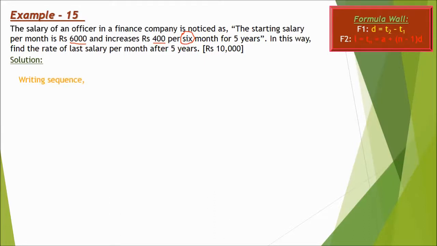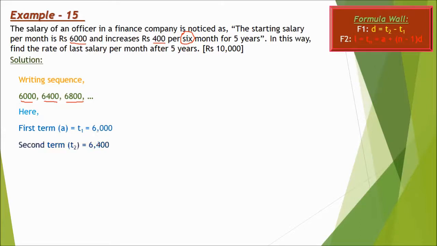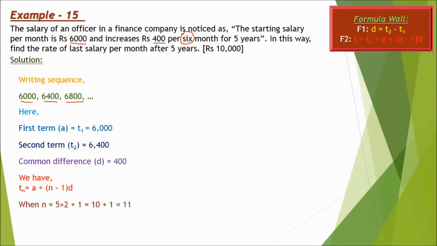Let's see, writing the sequence. Initial salary is 6,000. After 6 months, it will be 6,400. After another 6 months, it will be 6,800. Now the first term is A, and the second term is the common difference. We can easily write, now, n is equal to 5 into 2 plus 1.